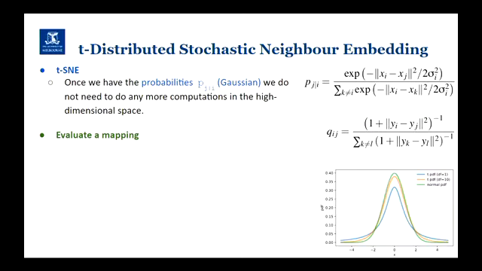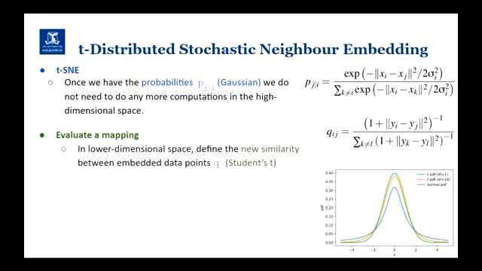For MDS, we have an objective function. For this, we also have an objective function, which is a new function, Qij, in lower dimensional space. Once we reduce it to either 2D or 3D, we will define this. The difference here is that the Q is based on a student t distribution instead of a Gaussian.